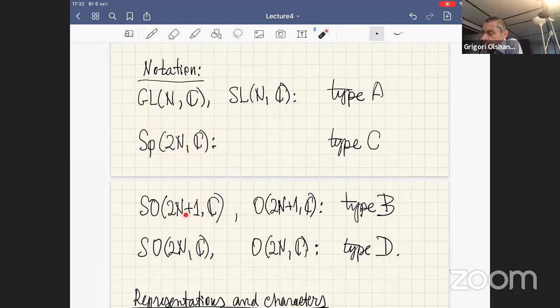And the odd orthogonal group, SO means determinant equal to 1, or the full orthogonal group in type B if the dimension is odd, and the similar objects which are of type D if the dimension is even.